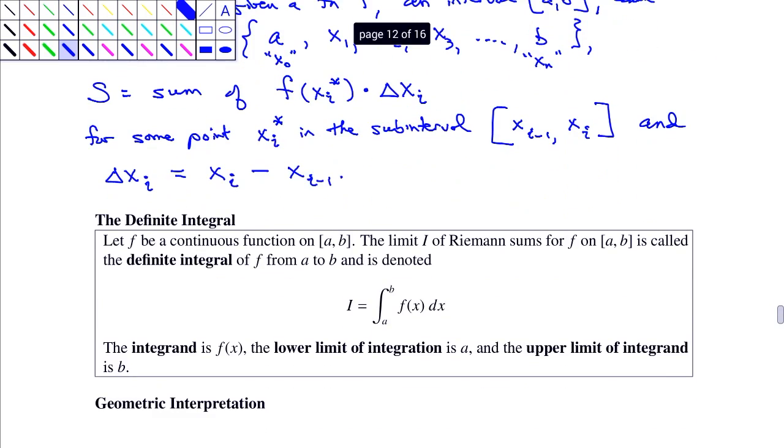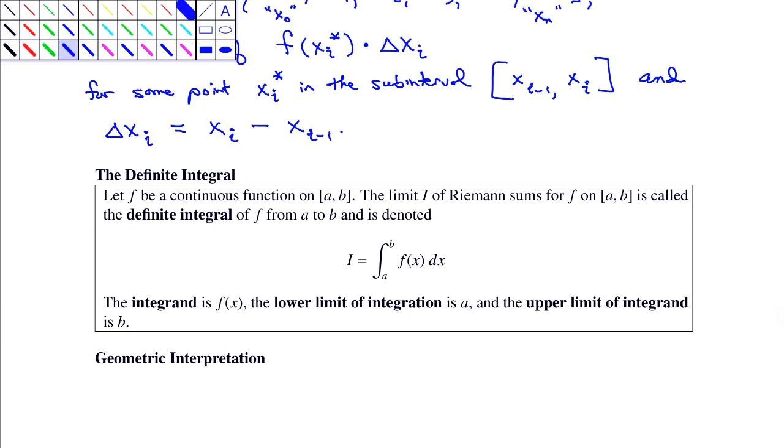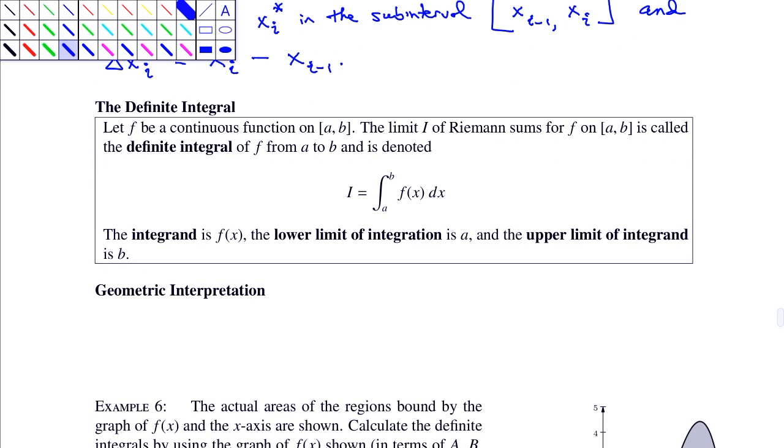So let f be a continuous function on a to b. If you take the limit of the Riemann sums for f on the interval a to b, this is called the definite integral, and it is denoted by the following. I is equal to the integral from a to b of f of x dx.